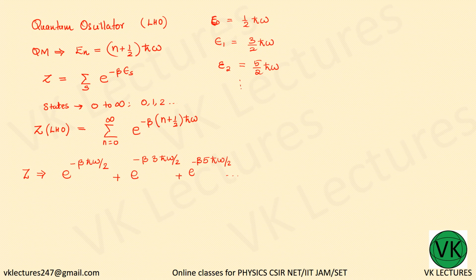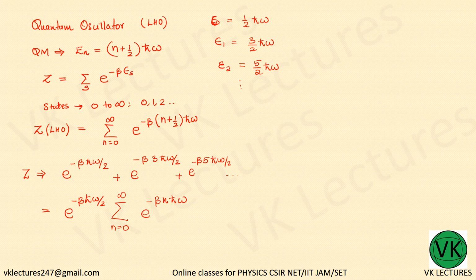Now what we can do is take the first term, e to the power minus beta h cross omega by 2, and take half h cross omega out as the common energy.